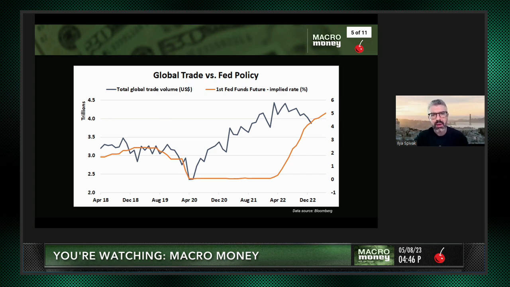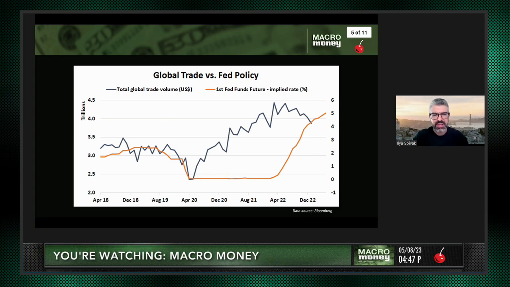So this then becomes a form of tightening, not just in the US, but everywhere. The cost of credit then becomes more expensive. The cost of financing economic activity becomes more expensive the world over. And so what you then see is with that rise in rates, you likewise have a pullback in global trade.